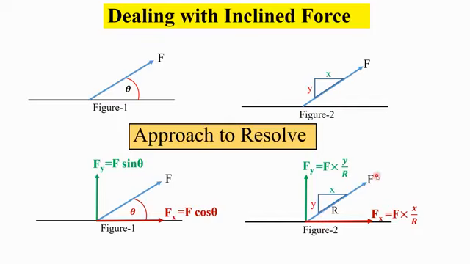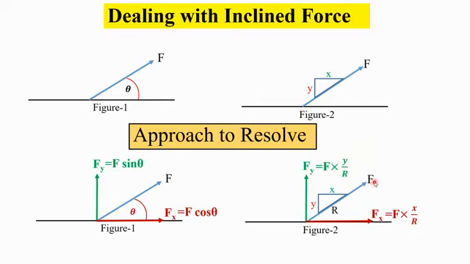R is equal to root over x square plus y square. Now, if you know F, what will be Fx? Fx will be, you divide F by R and multiply with X. Actually, this has come from the similar triangle. If you know this force F, you divide with R, and to know this component, you multiply with X. Same is the case with Fy.